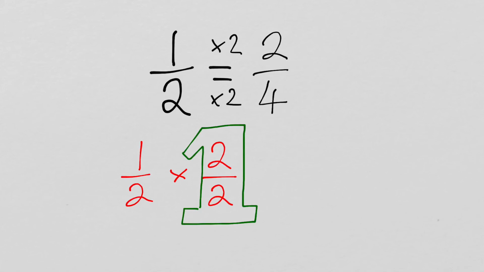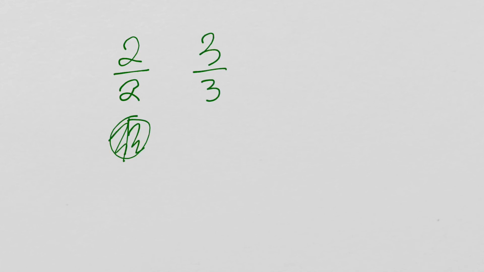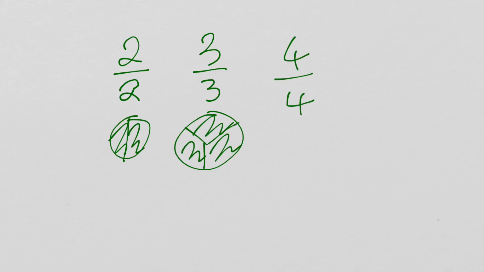Anytime you have the same number on the top and the bottom, let's say 2 halves, that's going to be a whole. What about 3/3? Well, that's going to be a whole. 4/4, again, it's 1 whole, etc. So if you have the same number on the top and the bottom, it's always a whole, 1 whole.